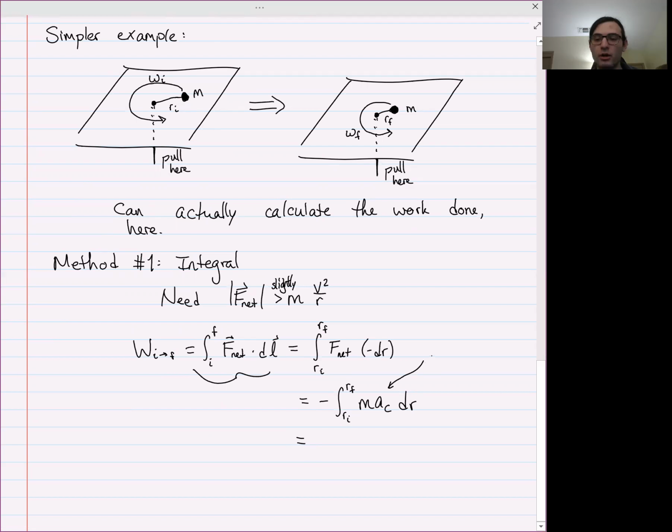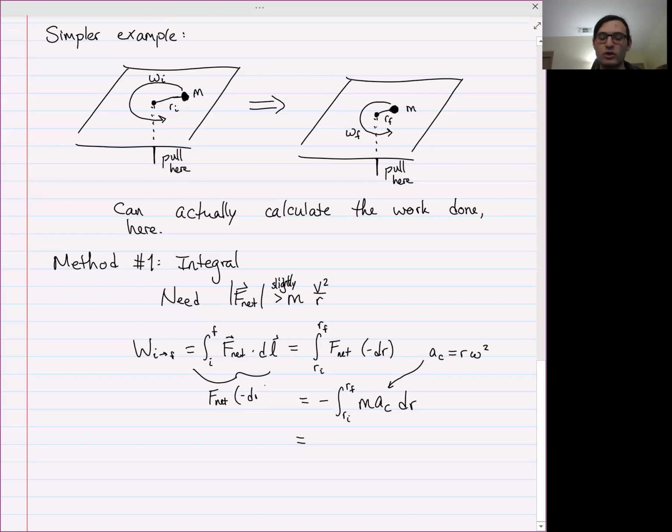Another one, you might recall, is r times omega squared. They're the same thing. And we want to use that one because the linear velocity is not particularly relevant here. Angular velocity is. Because the direction of motion is towards the center, which is the vector r. This is equal to F net times dr.